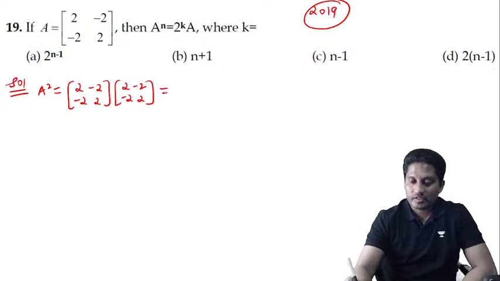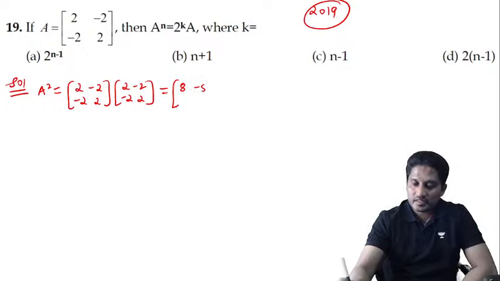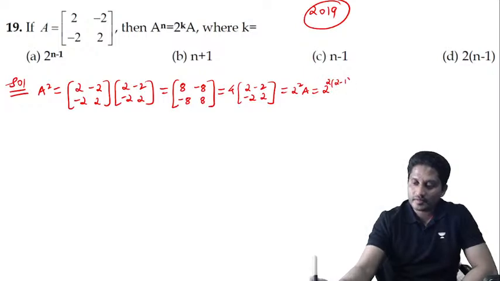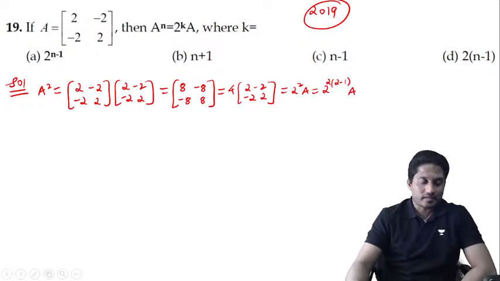If you multiply first row, first column, you get 4 plus 4 is 8. You get minus 8 plus 8. So this is equal to 4 into 2 minus 2 minus 2 plus 2. This is 2 square A. 2 square can be written as 2 to the power of 2 into 2 minus 1 into A. This is A square.